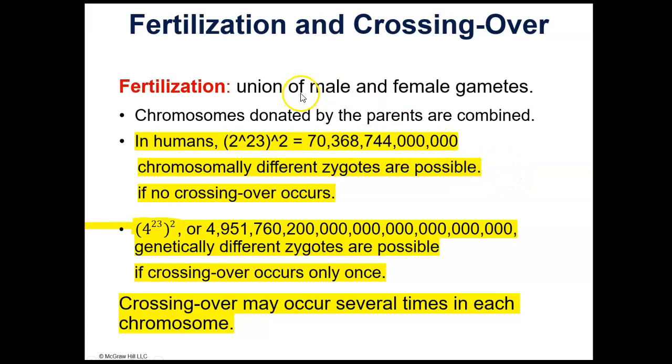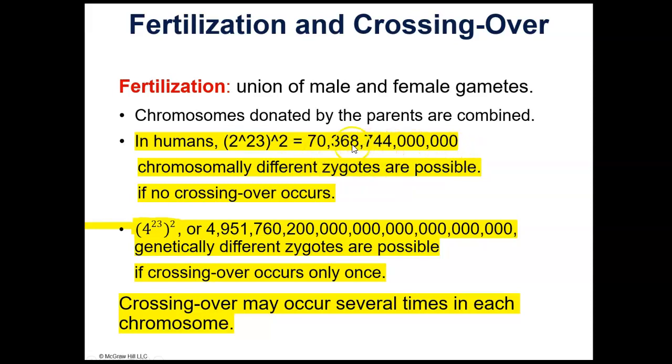So we've already got this variation in the male gamete or the sperm, and all of this variation in the female gamete or the egg. Now, when they come together and the sperm fertilizes the egg and we get a zygote, this is what the variation would be in humans with no crossing over due to fertilization.